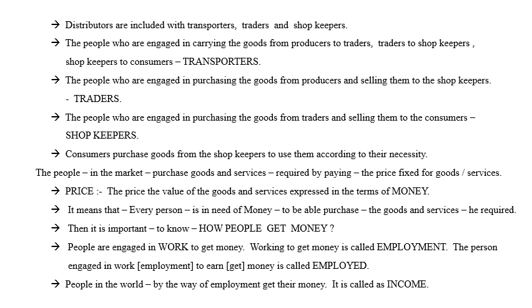So consumers are the people who purchase goods from the shopkeepers to make the best use of such goods according to their need and necessity. For example, you are making the best use of a pen. Pen is produced by the producer. It is brought to the consumer through distributors.